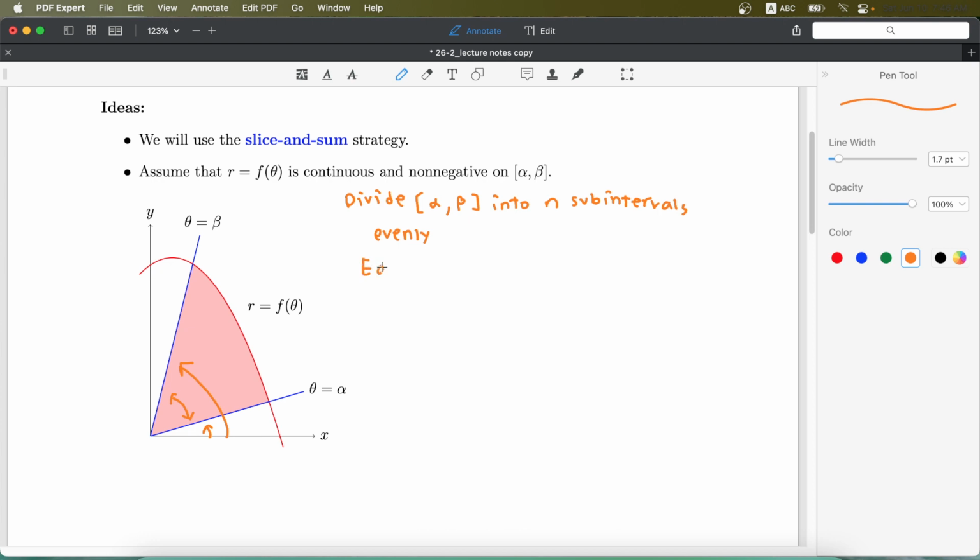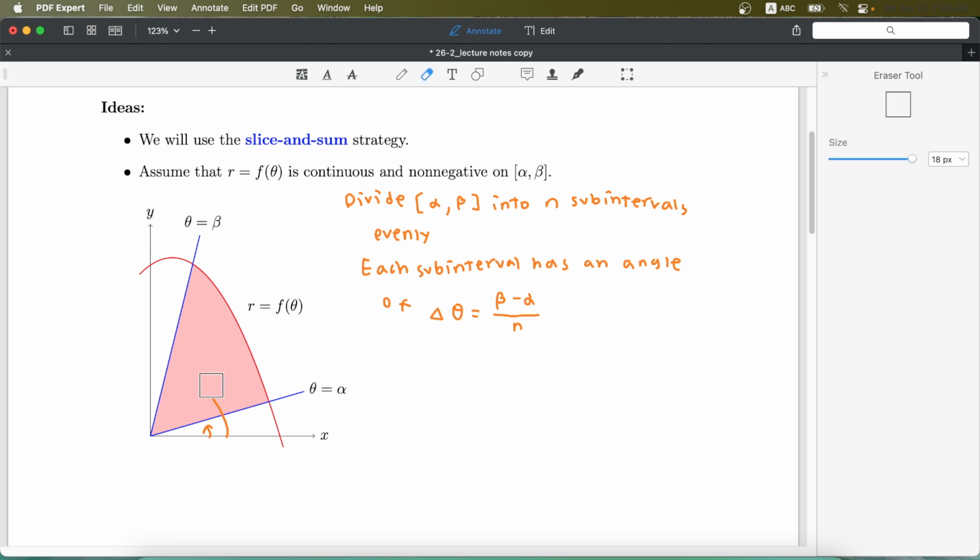Each subinterval has an angle of delta theta. This triangle is the Greek letter delta, which means change in. So the change in theta should be beta minus alpha over n. That means we will have n angles right here.